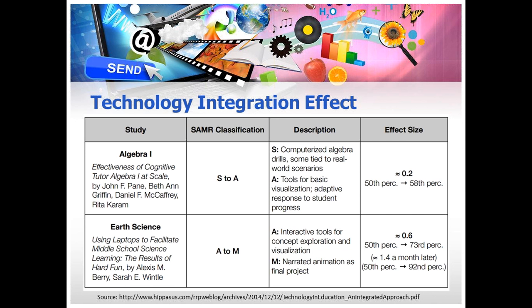What that translates to, and we'll unpack this more when we take a look at some of the examples, is that teachers have noted that there are times when they find it difficult to discern if a specific learning activity or a specific integration of the technology falls within the augmentation or the modification level. And so greater work is needed there to help stand up the robust identification of what classifies as augmentation and modification. That's some of the criticism that exists with the SAMR model.